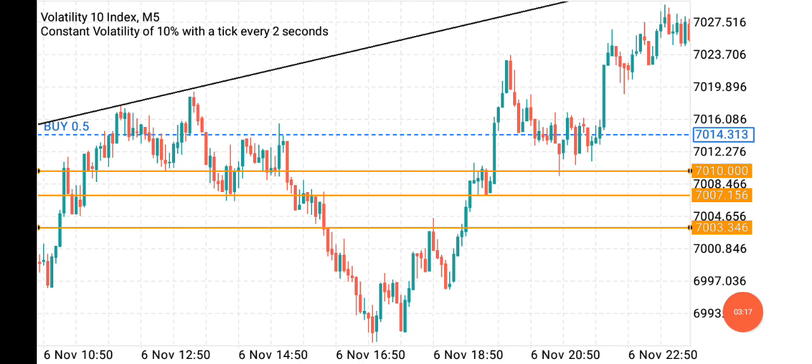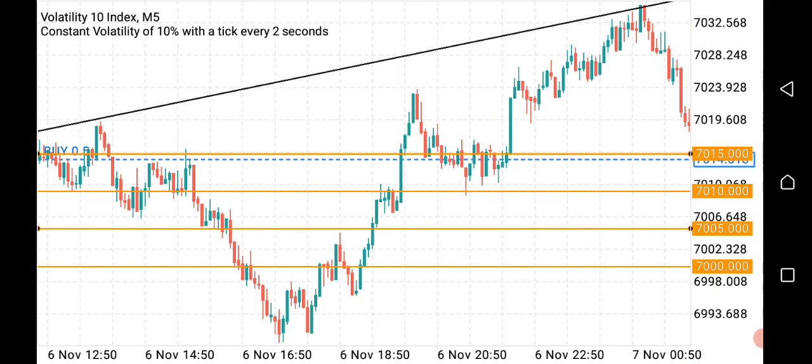Hope you can see that the first one is now 7010, right? That's 10. Let me do that for the remaining ones. Now you can see I have about 4 of them on the screen.